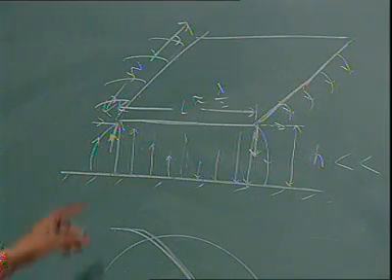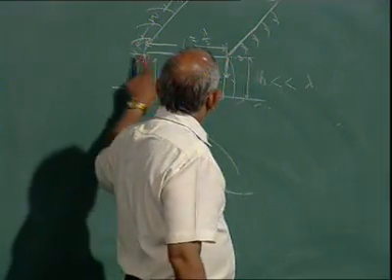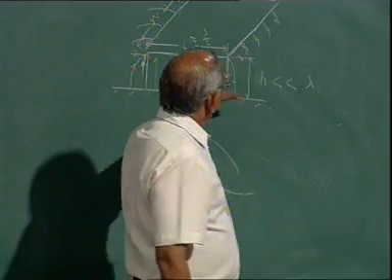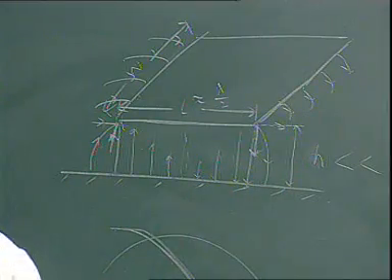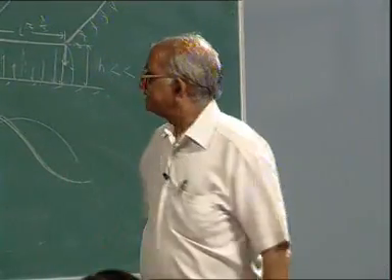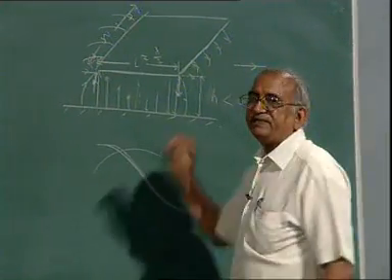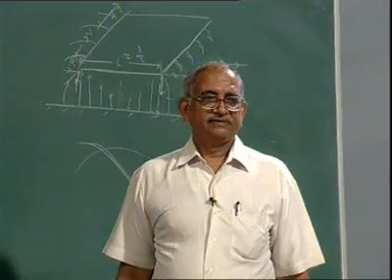But these two components are in the same direction. So, they decide the polarization of the radiated field. So, in this case, the polarization of the radiated field is linear horizontal. Okay.